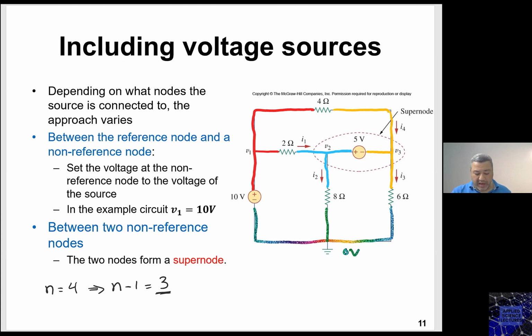Remember when we had the current sources, we did not know those voltages. Those voltages were variables to me, right? In the case where I have a voltage source here, what did this 10 volt voltage source do to my variable V1? Can somebody tell me?